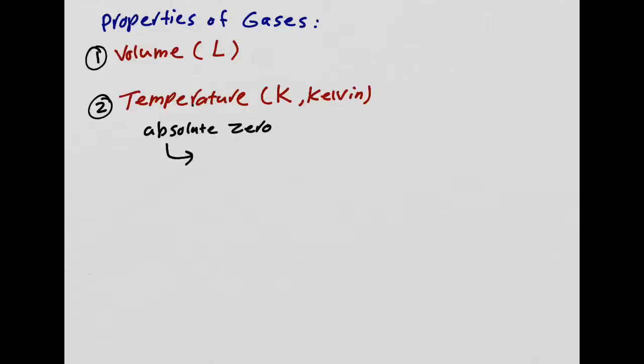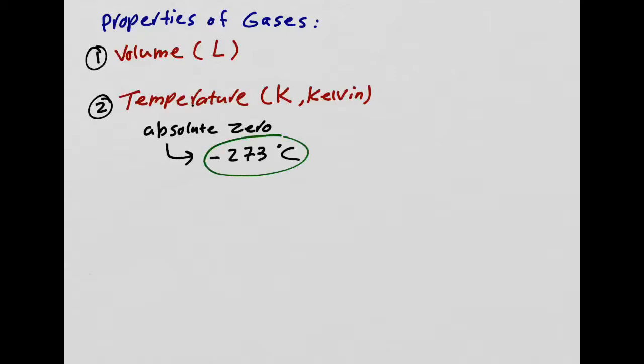So absolute zero. What's absolute zero? Absolute zero is the coldest temperature possible. The coldest temperature possible is negative 273 degrees Celsius. They said, you know what? This is the coldest temperature possible.